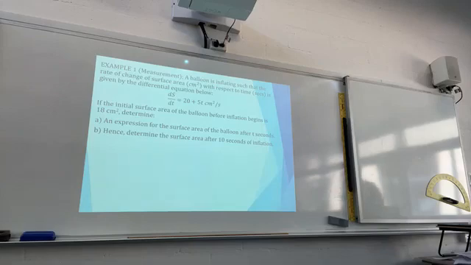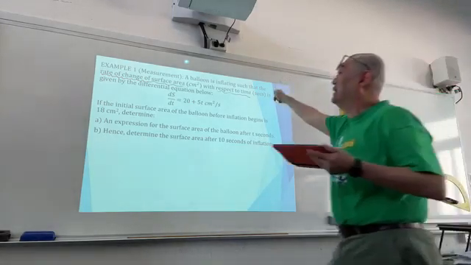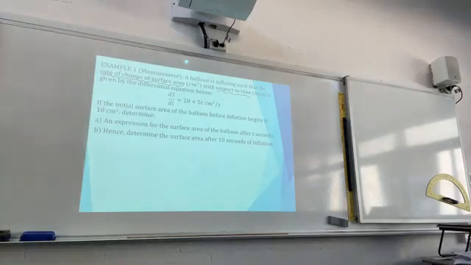A balloon is inflating such that the rate of change of the surface area, so you know the rate of change is of surface area with respect to time, so you know that it's dS/dt, surface area and time. So dS/dt is given by the differential equation dS/dt equals 20 plus 5t centimeters squared per second.